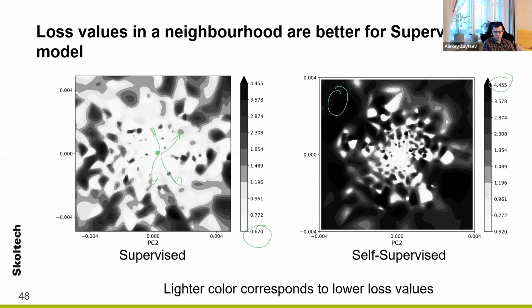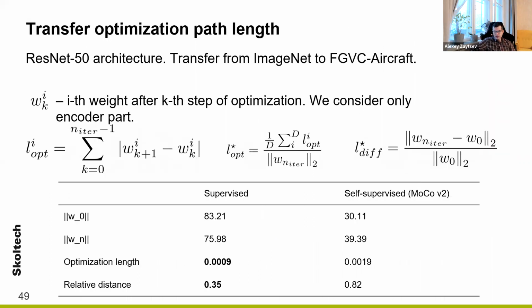We can see that the figure is very different for the supervised and self-supervised optimum, and it is much whiter on the left. It means that in the neighborhood we have a much larger number of better points, and we very quickly escape the self-supervised optimum if we move in random directions. So we can say that in this case the hypothesis is false.